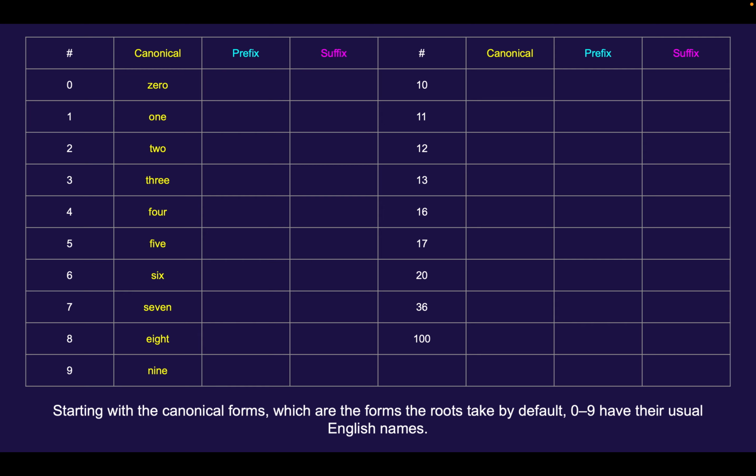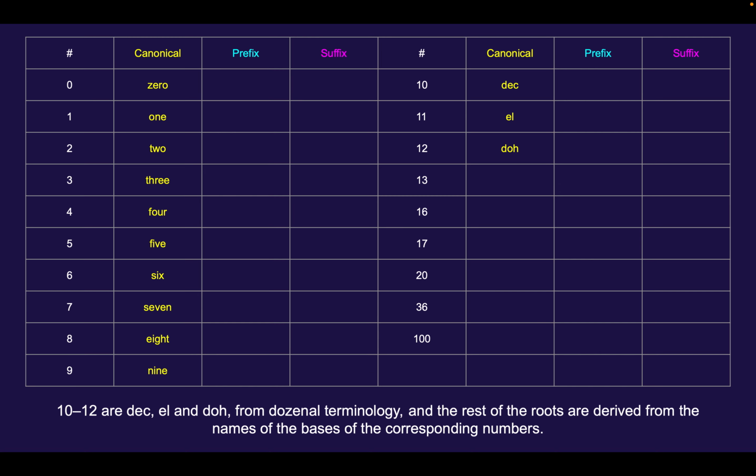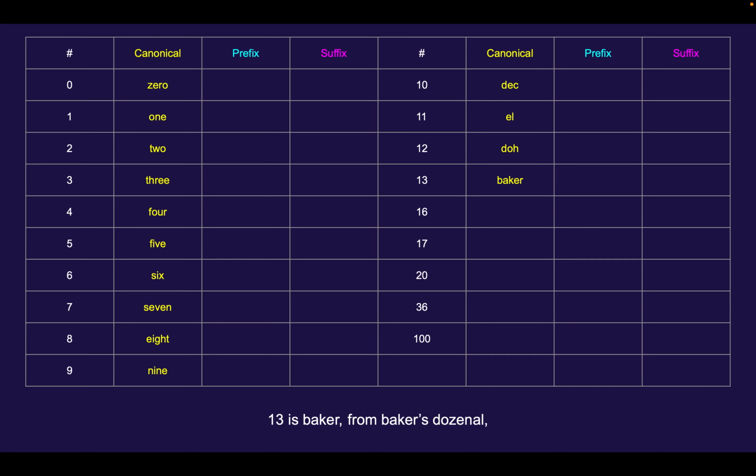Starting with the canonical forms, which are the forms the roots take by default. 0 to 9 have their usual English names. 10 to 12 are dec, el, and do from dozenal terminology, and the rest of the roots are derived from the names of the bases of the corresponding numbers. 13 is baker from baker's dozenal. 16 is hex, 17 is sub from suboptimal, 20 is vig from vigesimal, 36 is nif from niftimal, and 100 is cent from centesimal.